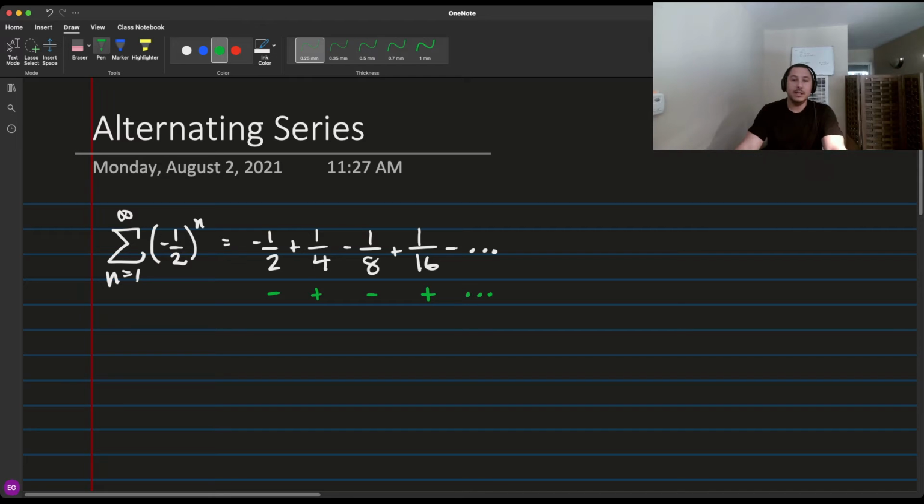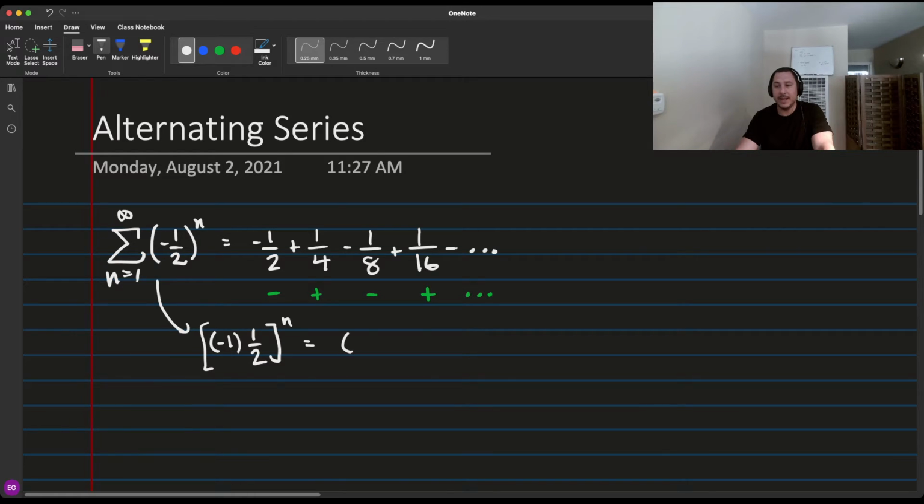Usually we are going to rewrite this, because you can rewrite (-1/2)^n as -1 times 1/2 to the n, which can then be rewritten as (-1)^n times (1/2)^n. These alternating series, you can always rewrite it.